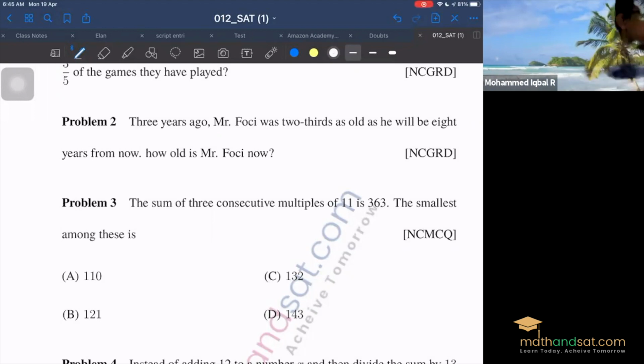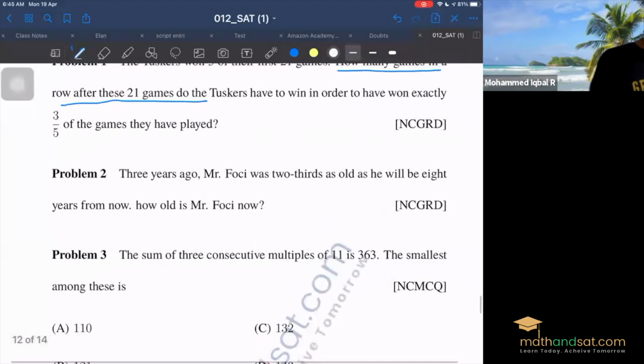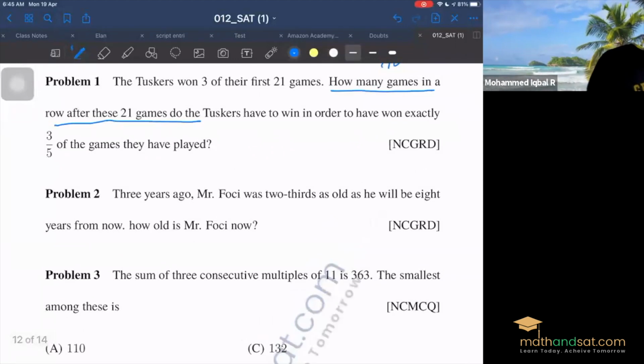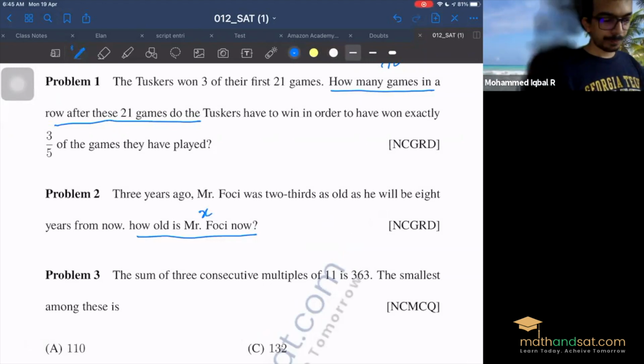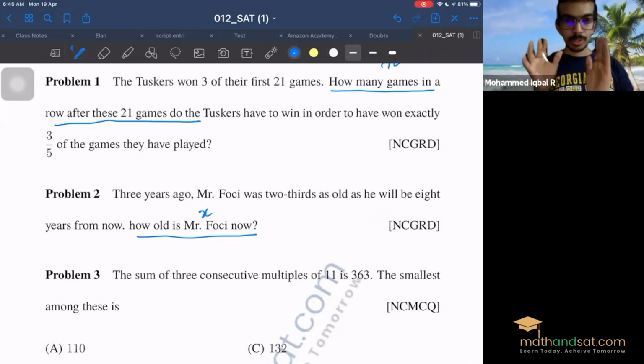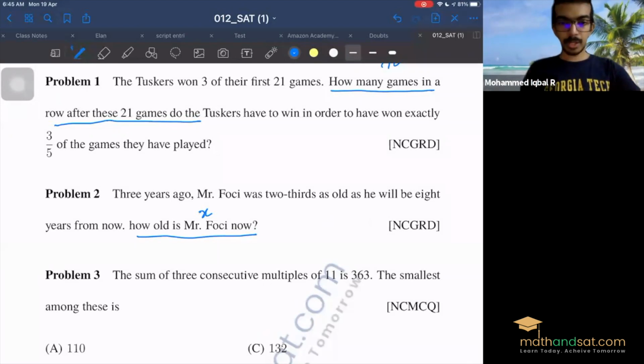Okay, let's do it. See, the question is not very difficult. How old is Mr. Forsyth now? So let's choose it as X. That's the unknown part. Just choose X as the current age of Mr. Forsyth. Is that all right?